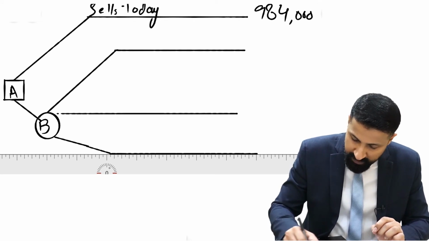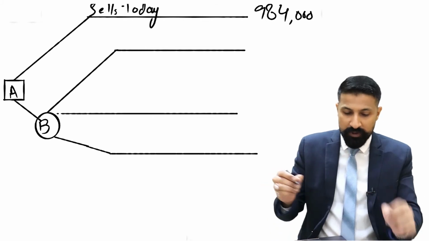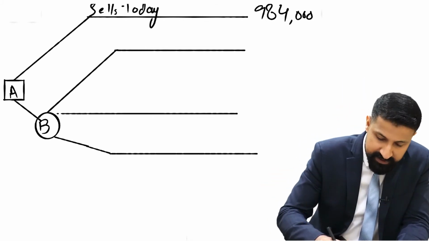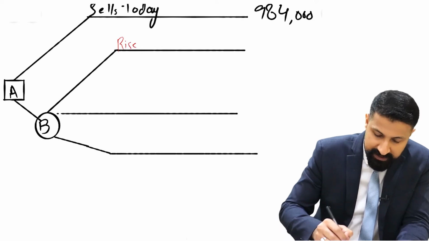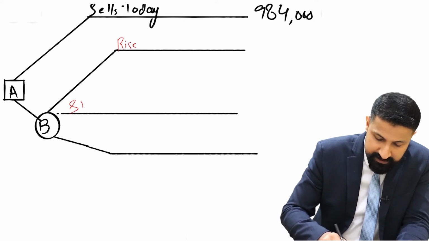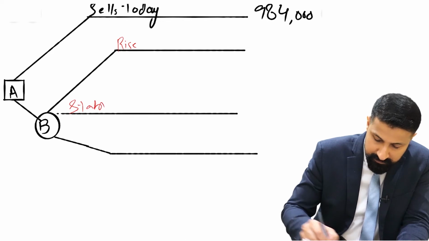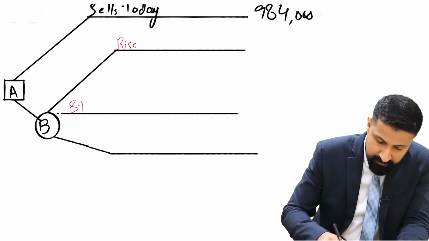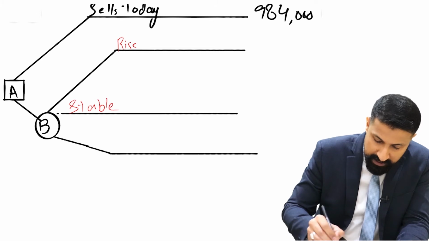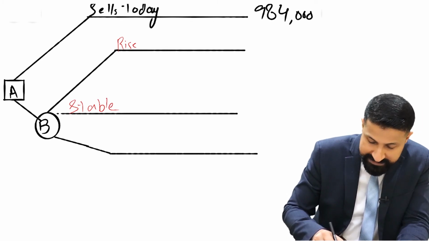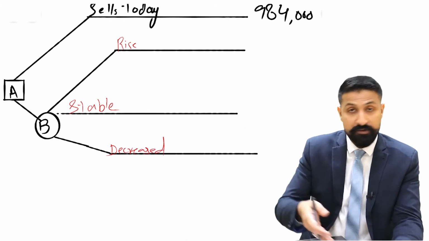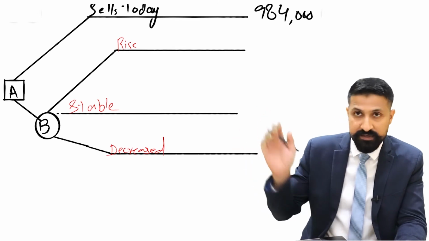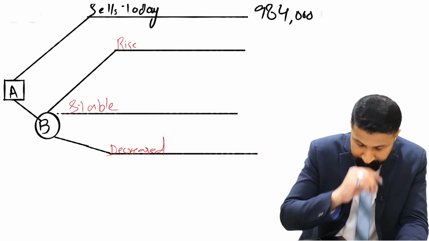We will name the first one rise in prices, the second one stable prices, and the third one decreased prices. Sorry for the writing because I'm using this tab here. All right, moving on.